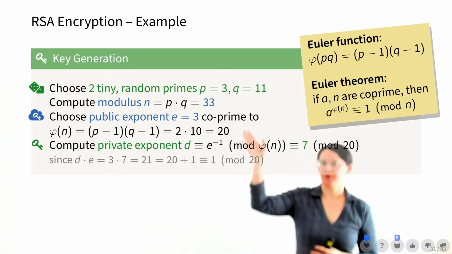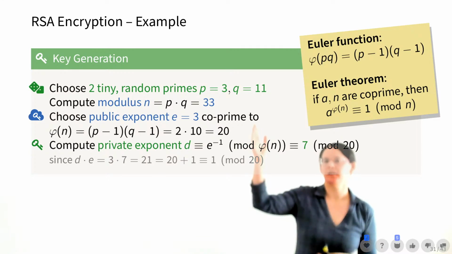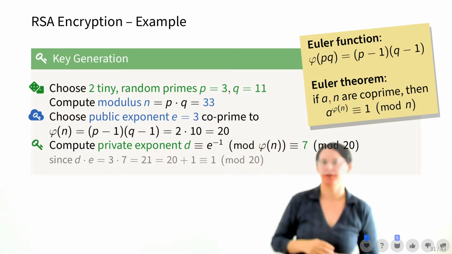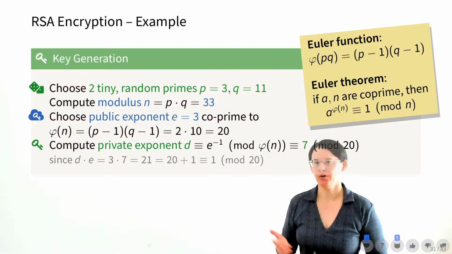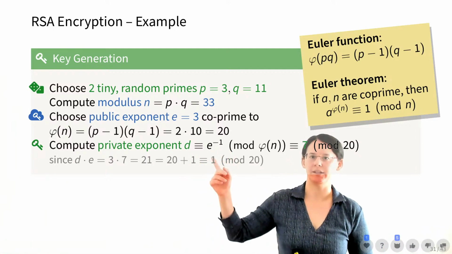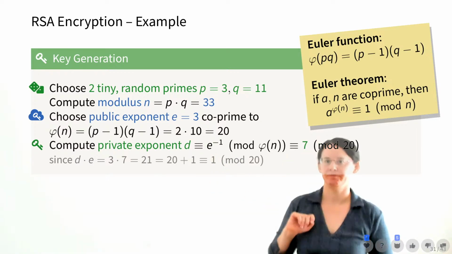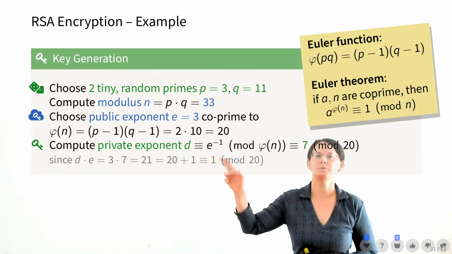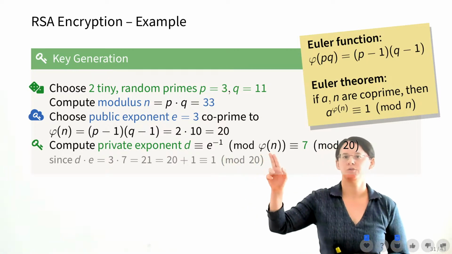You see from my thought process here that we didn't choose it randomly, but we just took the smallest e that worked, because it satisfied our criterion. Now we need to compute the private exponent. This is supposed to be the inverse of e modulo phi of n. So we're looking for the inverse of 3 modulo 20.